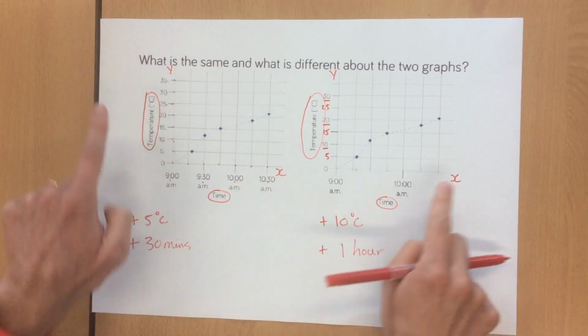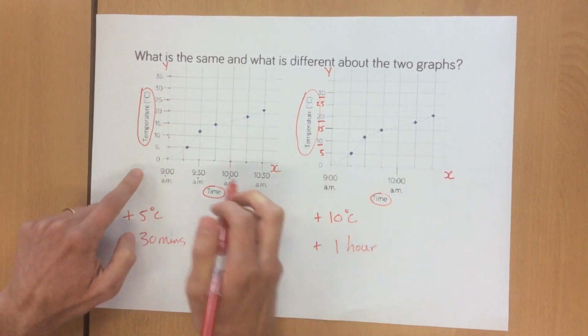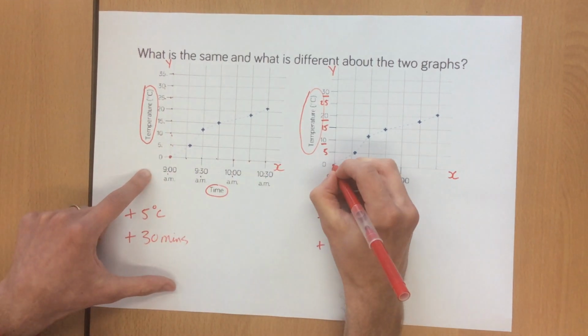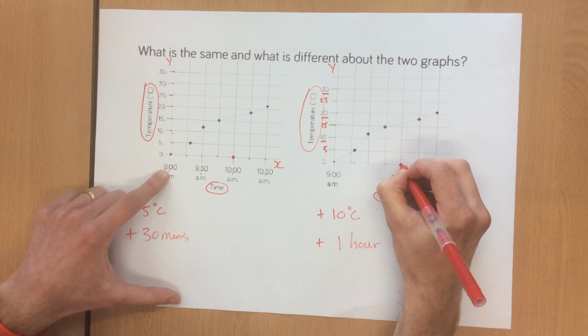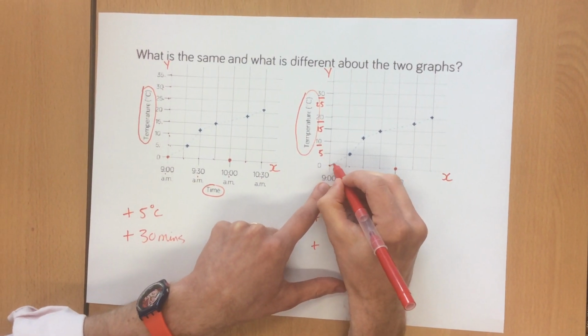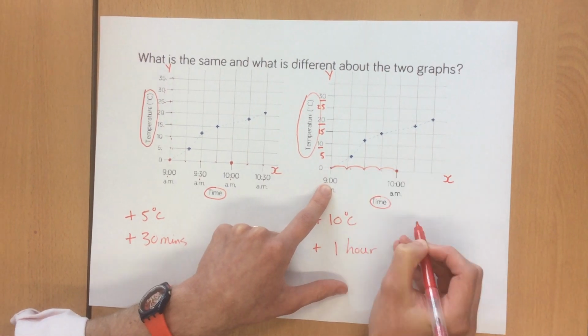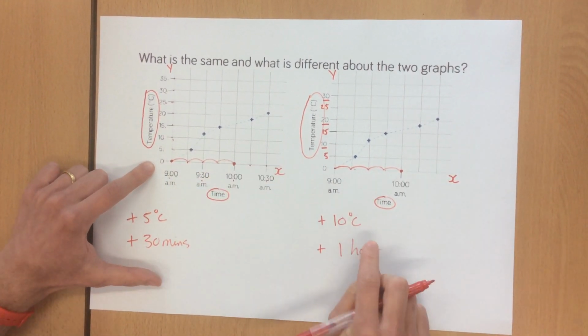But some of you might have already spotted a pattern here. They are very similar in the sense that where 9 o'clock is, it's the same here. Where 10 o'clock is here, it's in the same position. It's the same gap between 9 and 10 o'clock. If I count the squares, 1, 2, 3, 4. And I count it on this side, 1, 2, 3, 4.